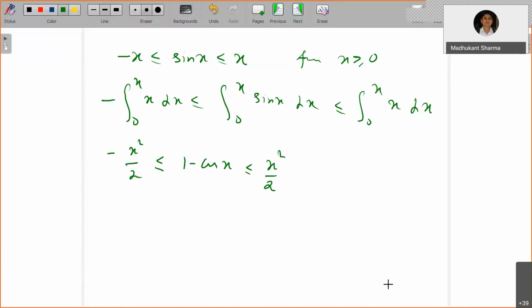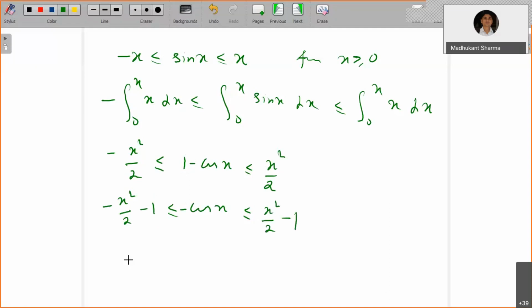Now from here, what you can observe is you just subtract 1. So you have minus x square by 2 minus 1 less than equals to minus cos x less than equals to x square by 2 minus 1.